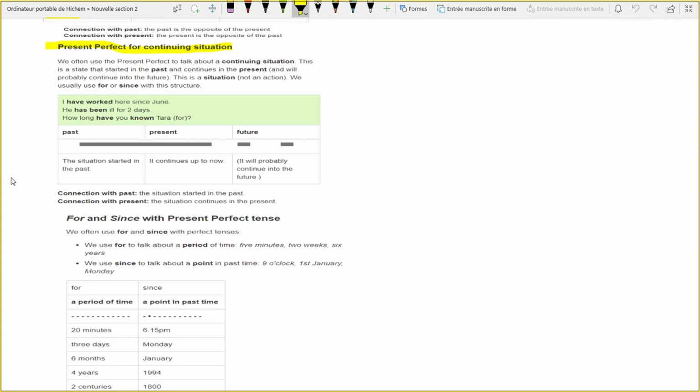With these sentences, we know that the situation started in the past. So, "I have worked here since June." June here is in the past, but we don't know which June. We know that I am still working since I'm stating it. I'm still working right now in the present time, and perhaps I will be working here tomorrow, maybe, if I don't decide to quit.